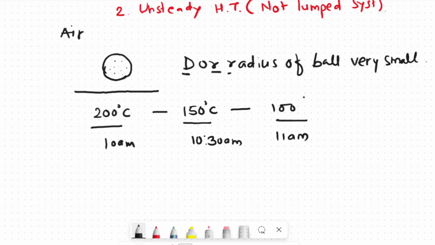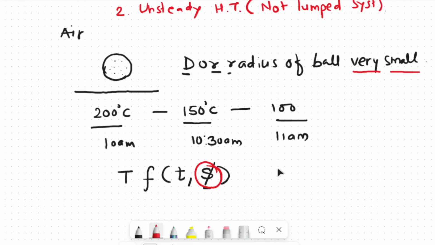So this can be called a lumped heat transfer, where the temperature is a function of time, but the temperature is not a function of distance. So I am saying that this distance is not having any effect on the temperature. Now this is the case when we are saying that the body is very small.